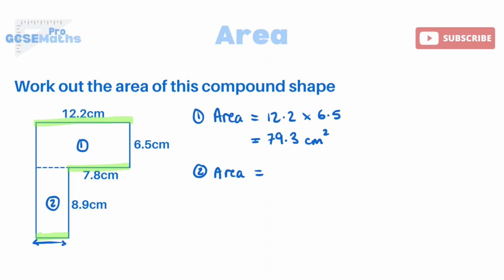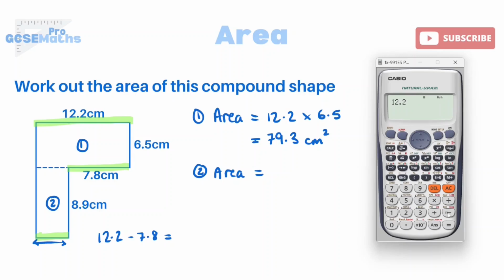So to find the length of this missing one, all I need to do is 12.2 minus the 7.8, because those two pieces, 7.8 plus the missing one, added together make 12.2. So 12.2 minus 7.8 gives me 4.4.